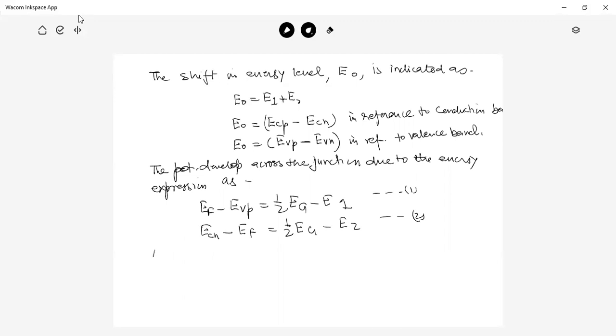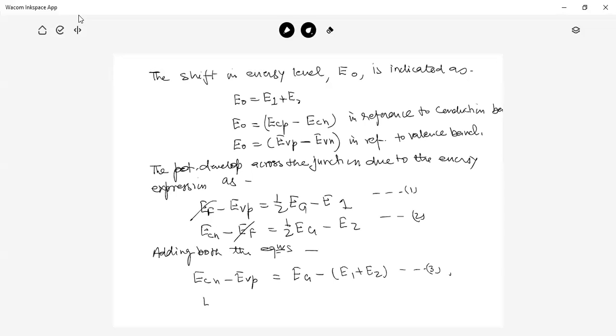So adding both the equations, the EF cancels. So we have ECN minus EVP is equal to EG minus E1 plus E2. This is equation number 3.